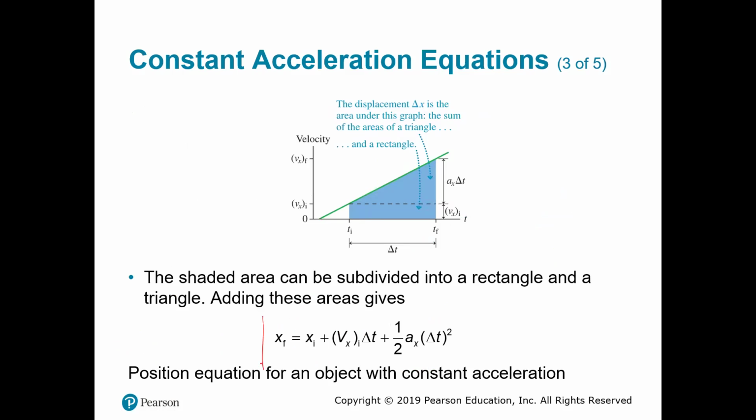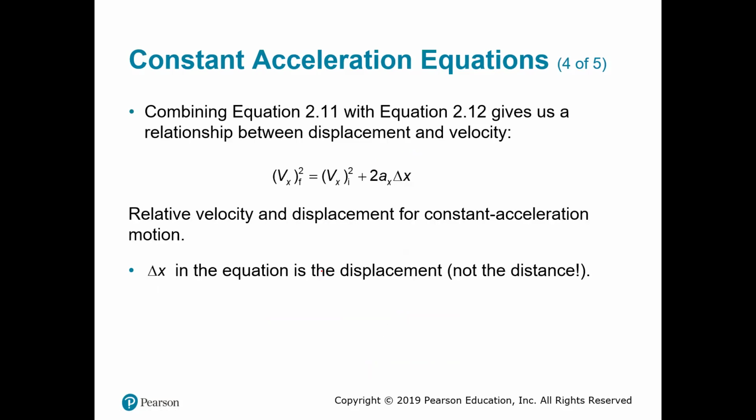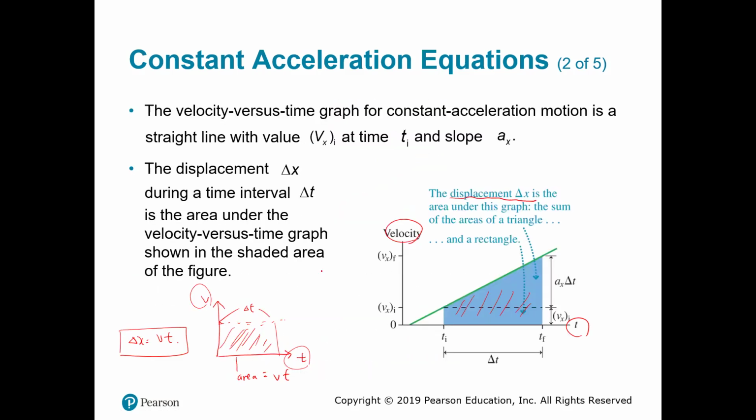You can also derive this equation, but again, that's not important at this point. You can carefully check your textbook to see how these equations are derived. The textbook will introduce only five equations in total.